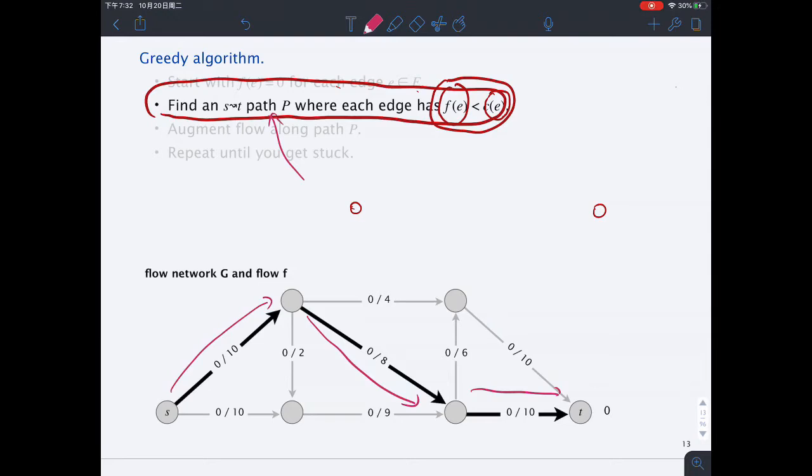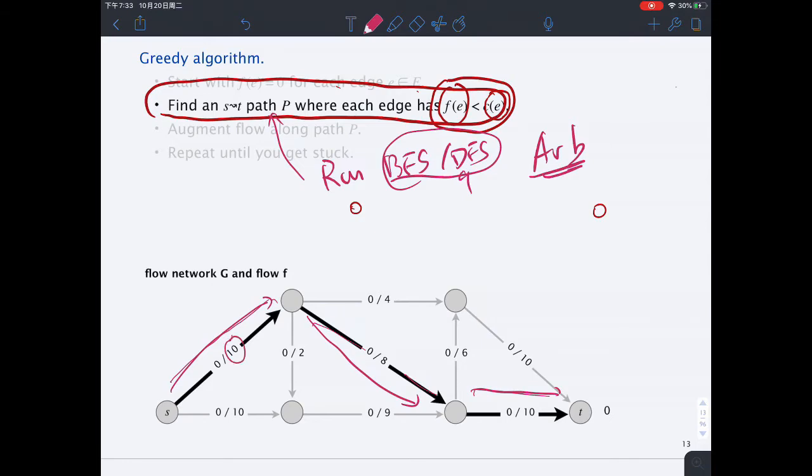Let's say for the first step, we found an S-T path that looks like that. In order to find an S-T path, you can just run a BFS or DFS, whatever search algorithm you have learned. We haven't learned DFS, but the point is that with whatever search algorithm you have learned, you can easily find a path. It's just an arbitrary path. Any path will work.